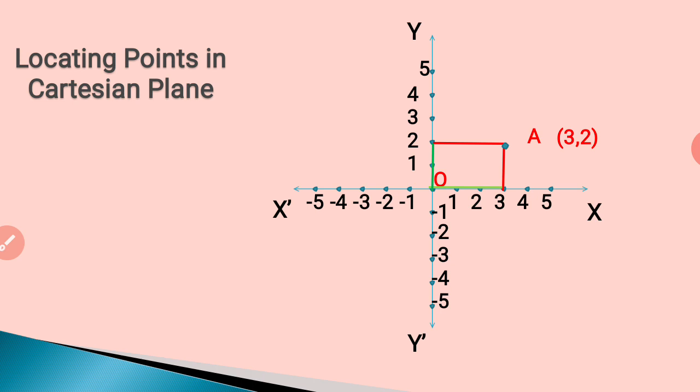Again note the point. Enclose it always in a bracket. This is how we find out the location of the point. These are also known as the coordinates of the point.